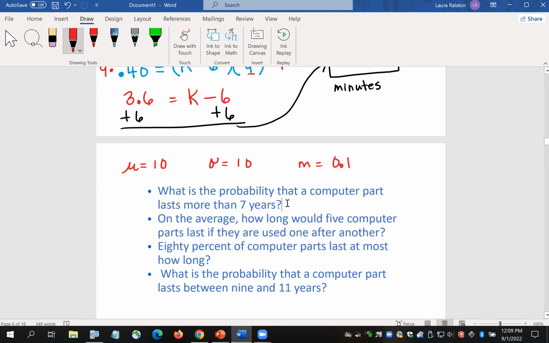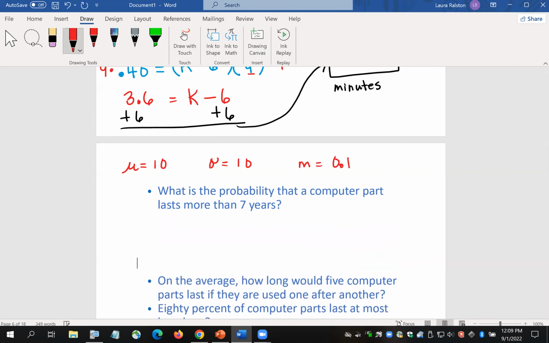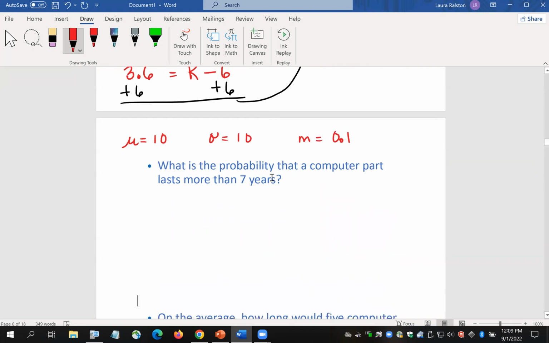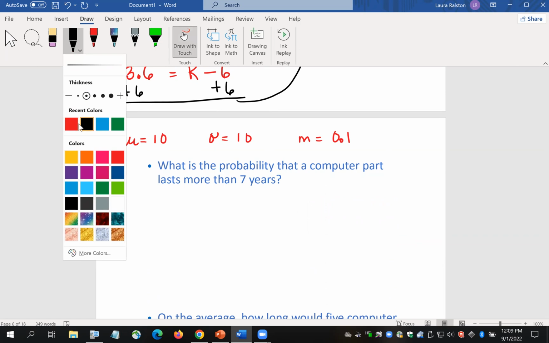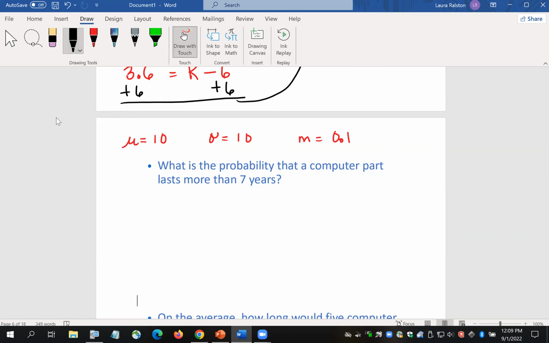And the first question says, what is the probability that a computer part lasts more than 7 years? Now, I'm not going to draw it perfectly, but I want to give you a picture of what's going on here. With an exponential, it starts out high and comes down and tails out.